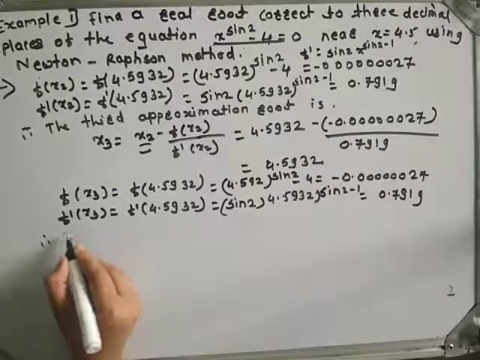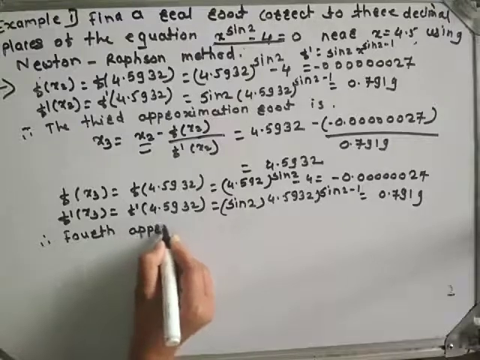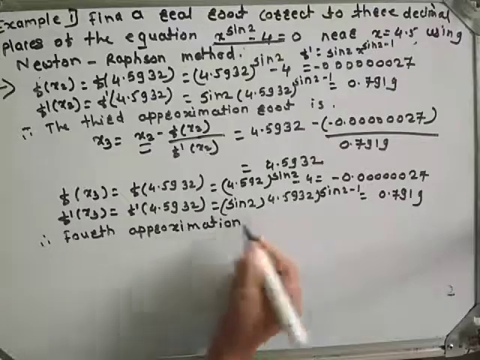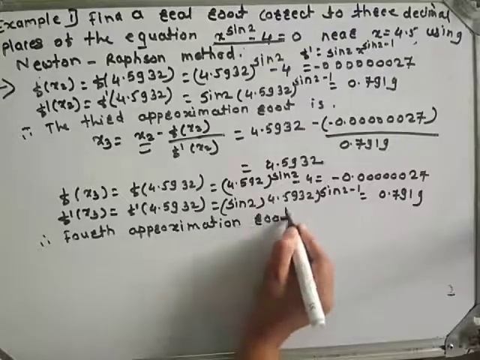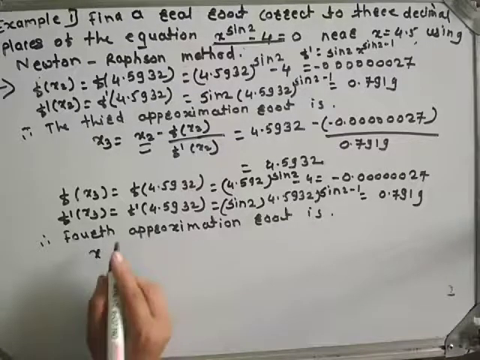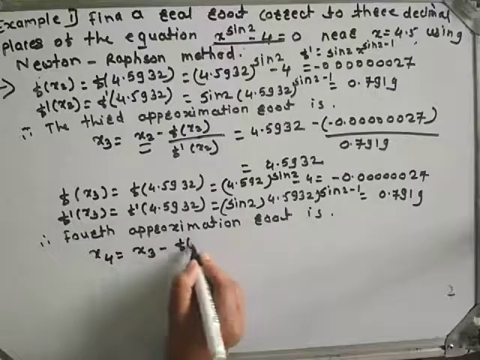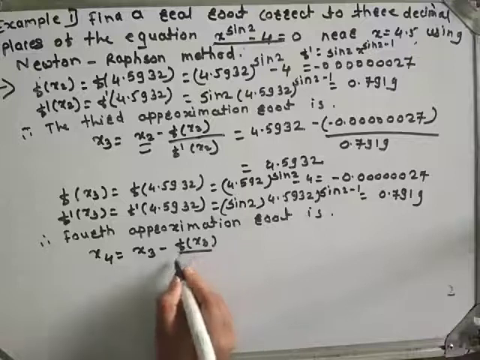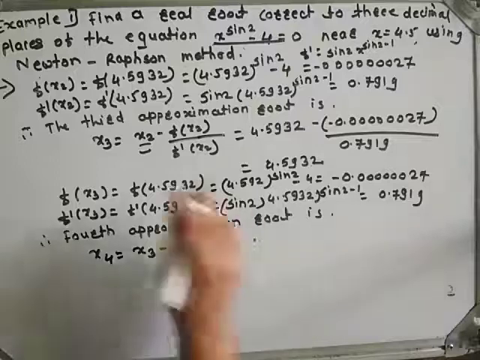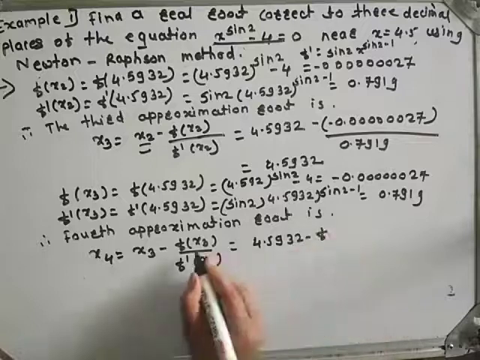Therefore, fourth approximation root is x4 is equals to x3 minus f of x3 upon f dash of x3, which is equals to, here x3 is 4.5932 minus f of x3.